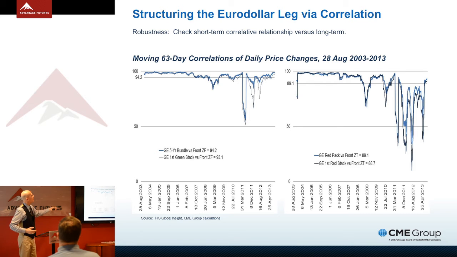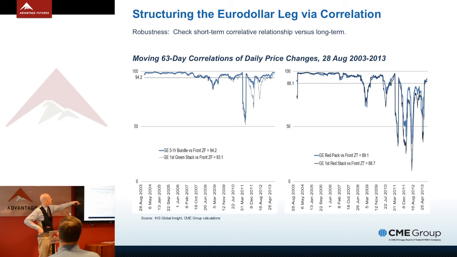It's a really good idea to eyeball short-term correlations that are sampled over short intervals, and bump them up against longer data sets for estimation, because that'll warn you about the circumstances that might cause the legs in the spread to wander away from each other.